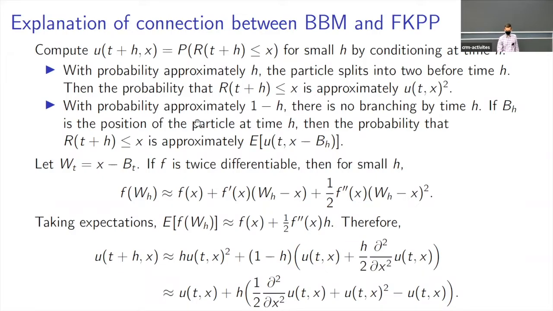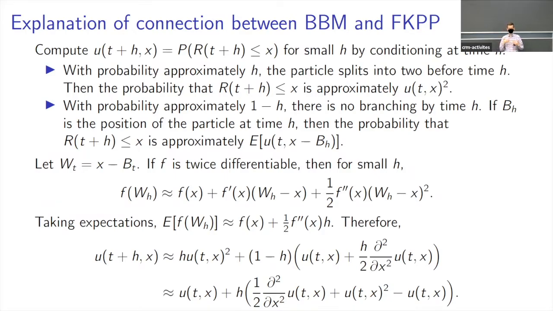Now, the other possibility, which happens with probability approximately 1 minus h, is that there is no branching before time h. And in that case, we only need to account for the movement of the initial particle between time 0 and time h. And so let's let b sub h be the position of that initial particle at time h.